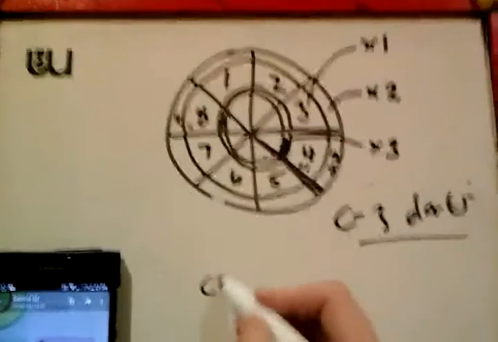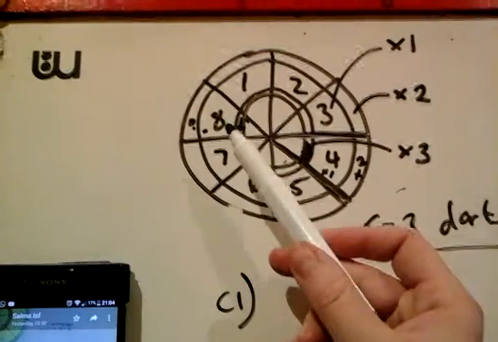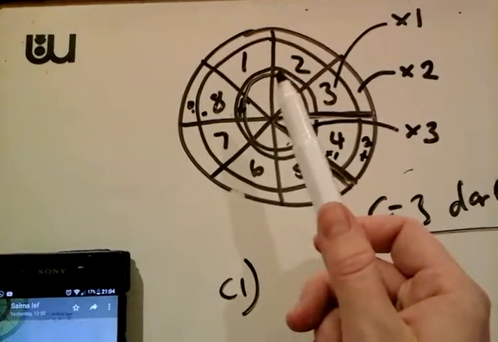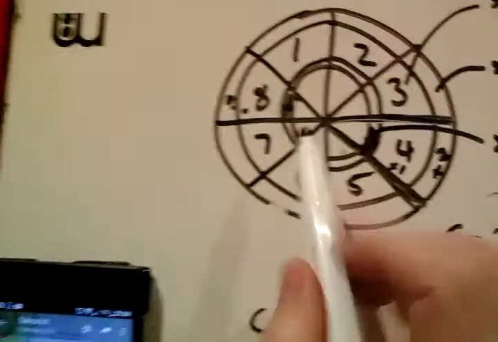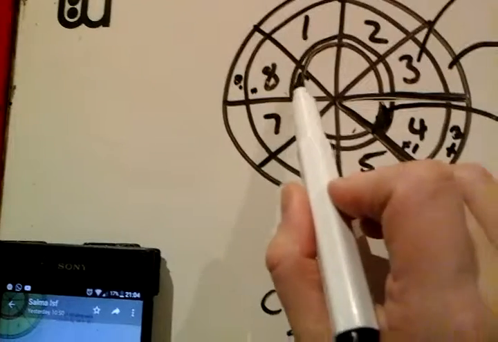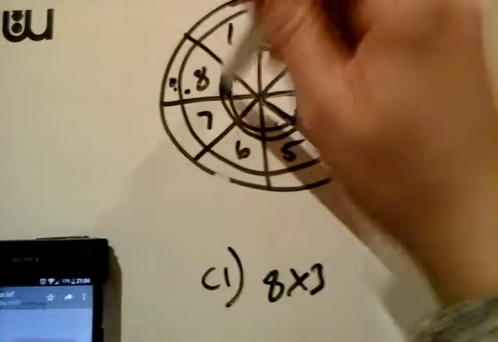So C1 is what's the possible highest score using 3 dots? What's the highest way we can do this? We've also forgotten this. Okay, so if 8 times 3 is the highest number you can get, it doesn't mean you can't put the other 2 in the same spot, right?